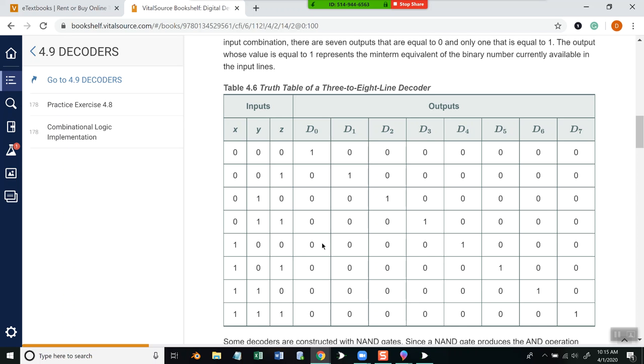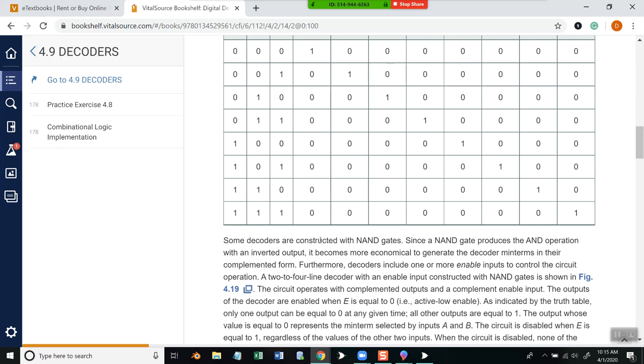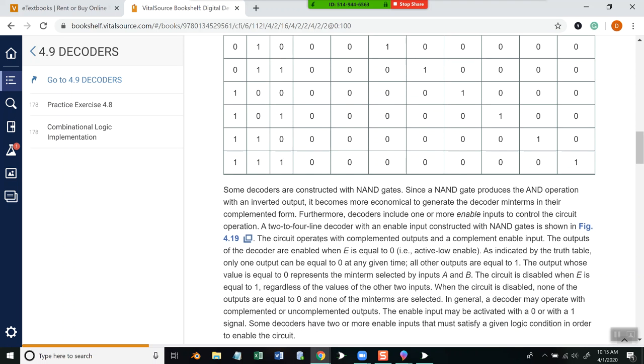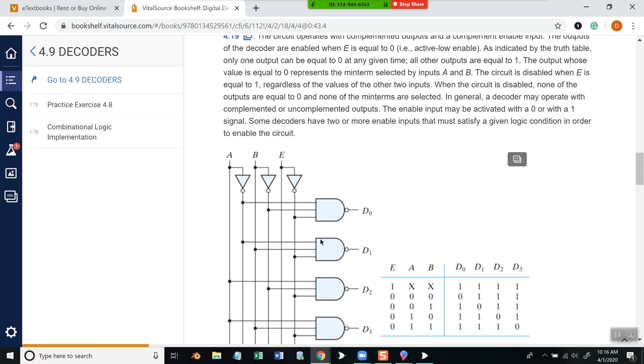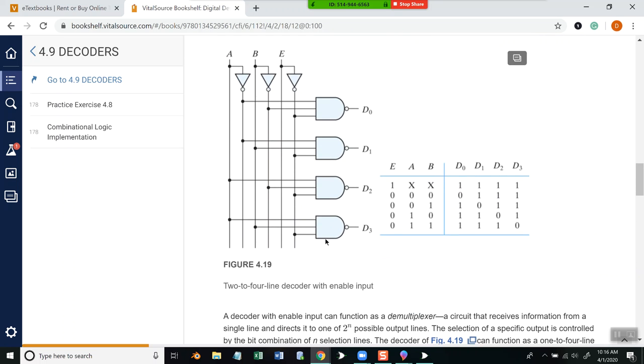And that shows you the outputs that come from it. And it shows you a 2 to 4 line decoder.